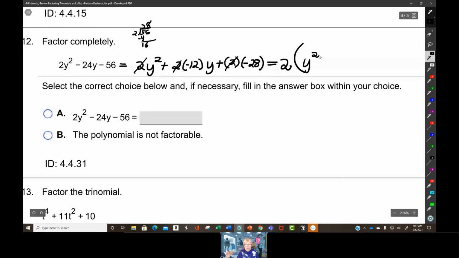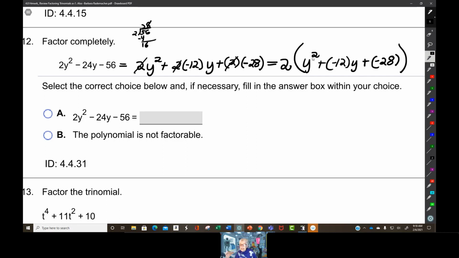That'll leave me with y squared plus negative 12y plus negative 28. Okay. Now I'm actually going to leave it like that for a reason.